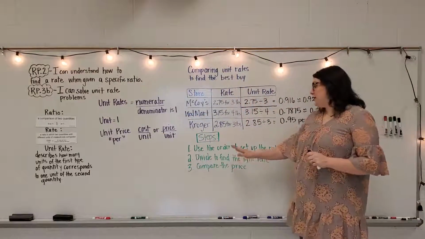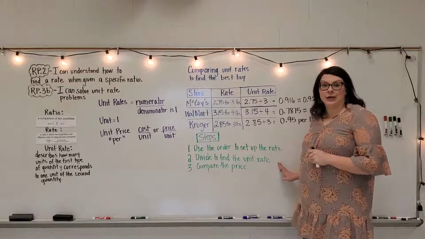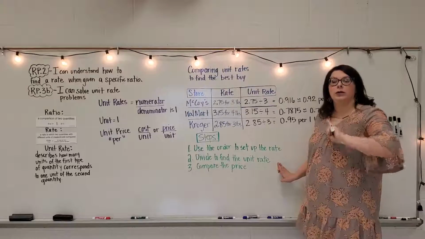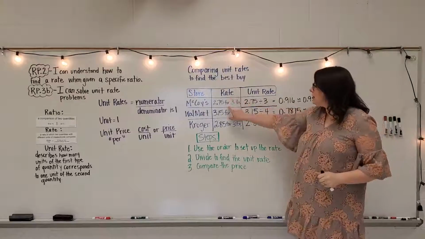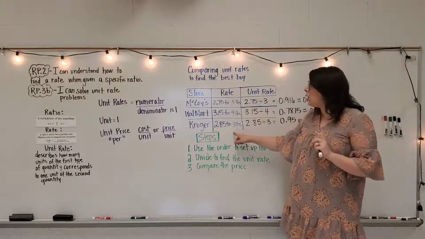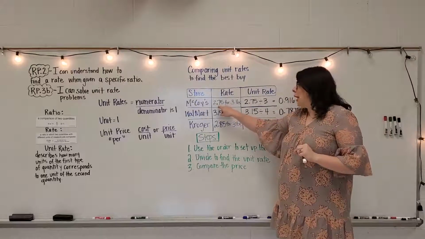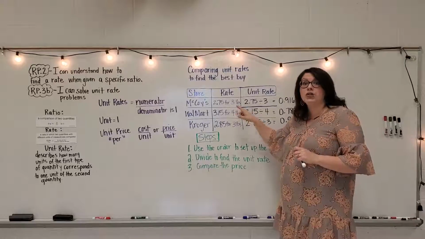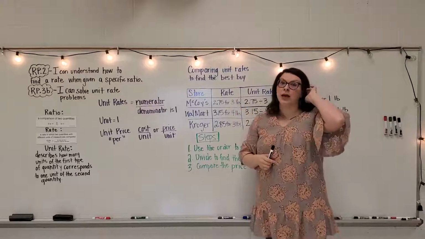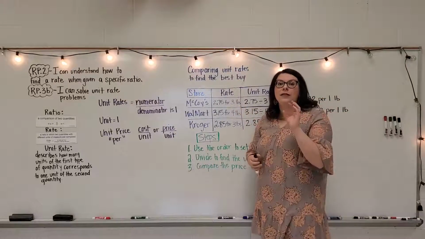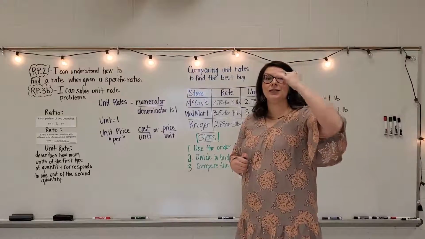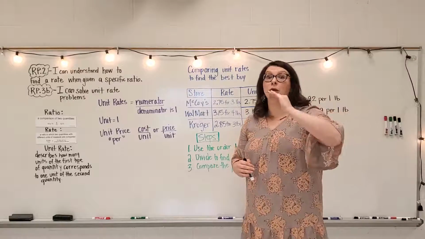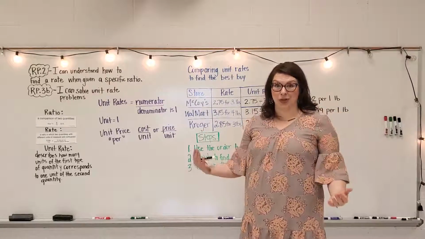The first step is to use the order to set up the rate. Remember, a rate is a ratio with two different quantities. So in these situations, our rate is price per pound, okay? So those are very important because we need to know that we are setting it up as price divided by pound, okay? If we divide pound by price, it changes the relationship.